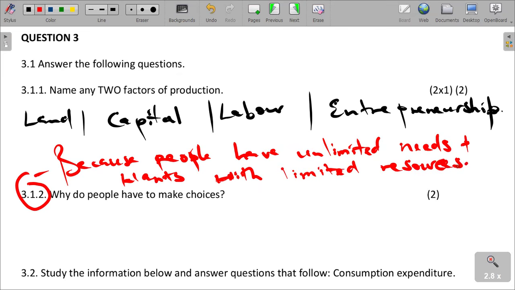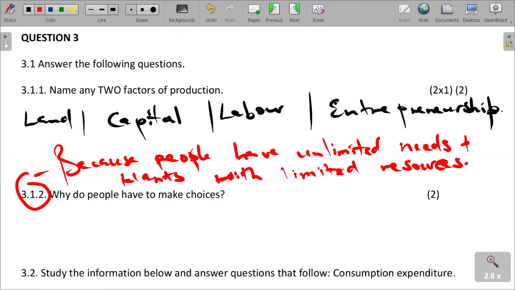Resources are limited, but they have unlimited needs and wants, so they have to use their resources wisely. Human needs are insatiable. We cannot satisfy all of them. So we need to go through opportunity cost in order for us to get the best out of this.